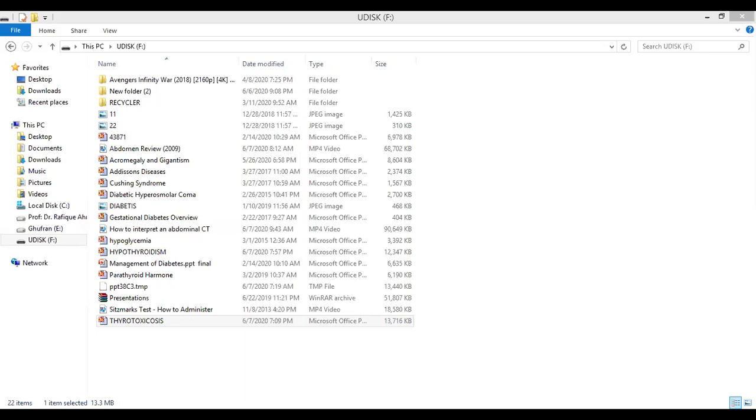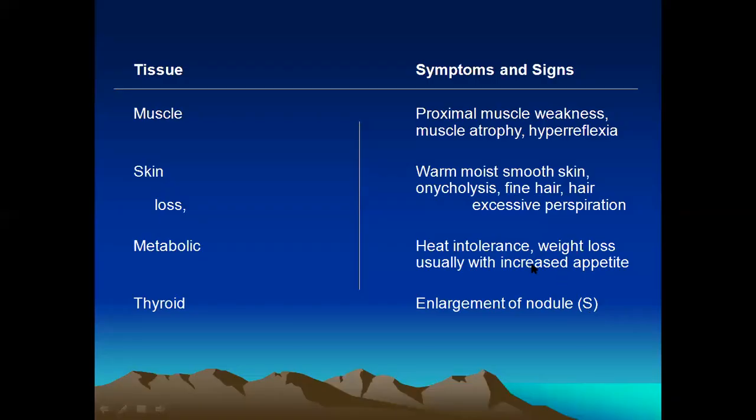So the important thing is that you have to differentiate between anxiety and thyrotoxicosis.